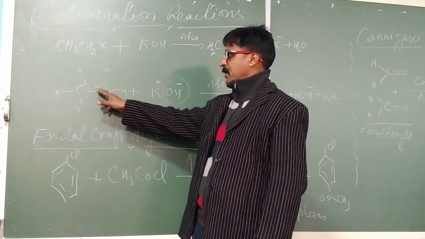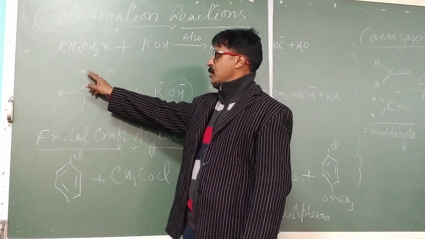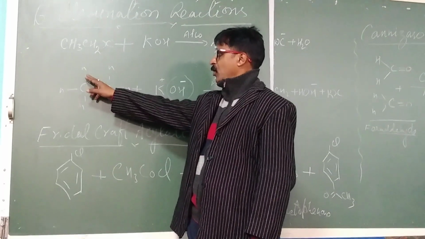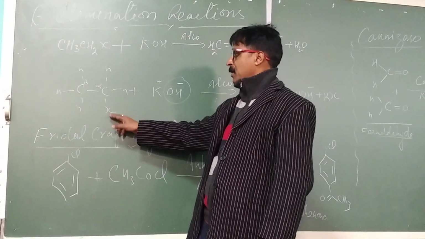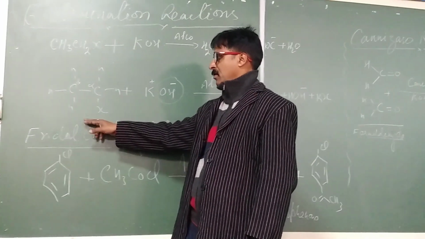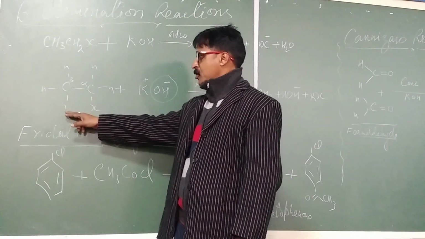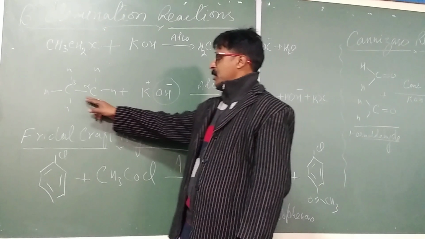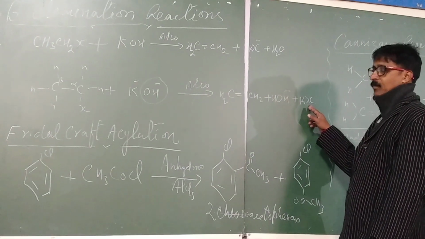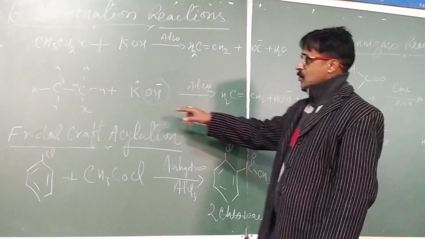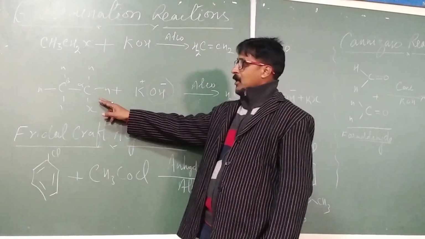So this is alpha and this one is beta position. So hydrogen comes out from here. Therefore one hydrogen and one halogen atom are eliminated from this position. So this molecule is eliminated as HX, you look here. Therefore this reaction is called beta elimination reaction.